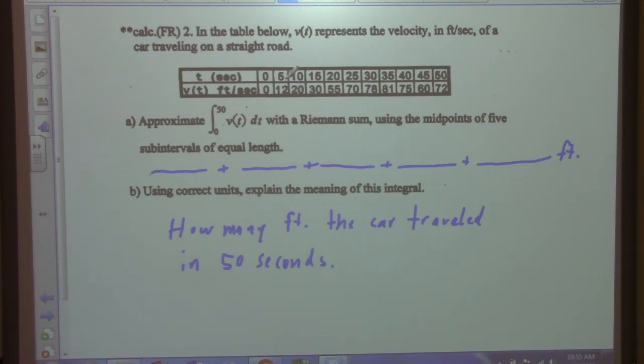So let's go ahead, we have all these rectangles. What width are they? 10, right? Because you divide that, so 10, 10, 10, 10, 10. And what numbers will go in here? 5 times 12? Oh, okay.